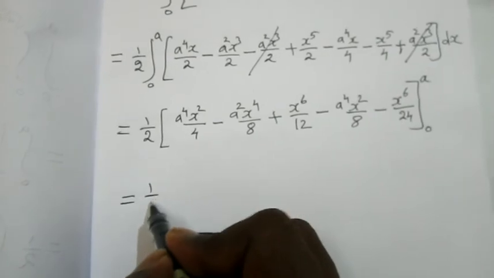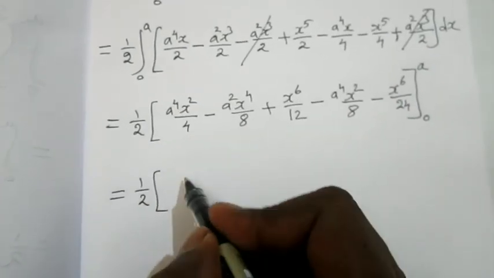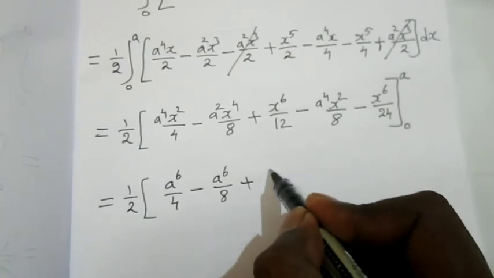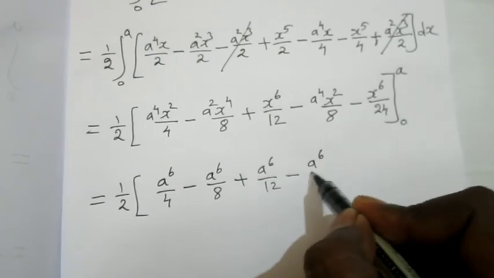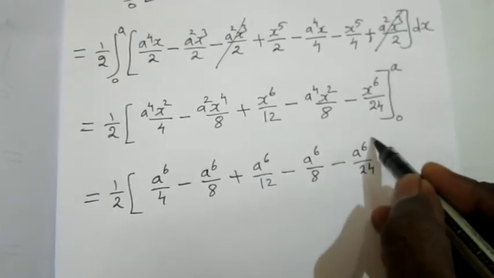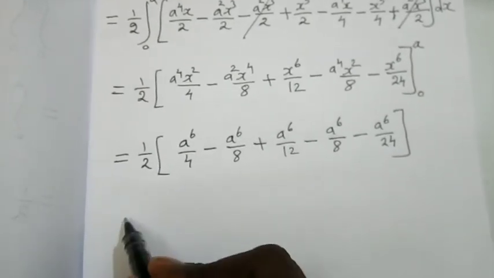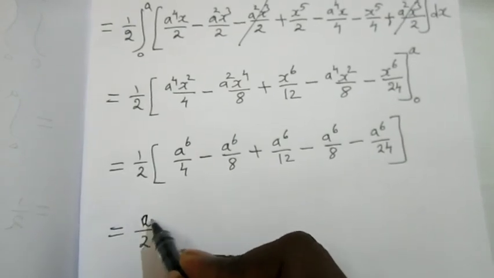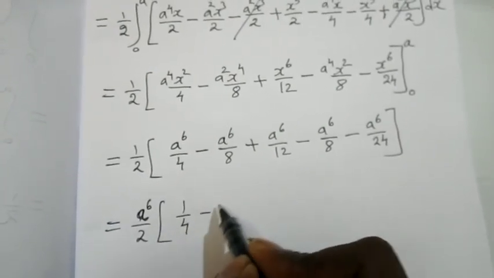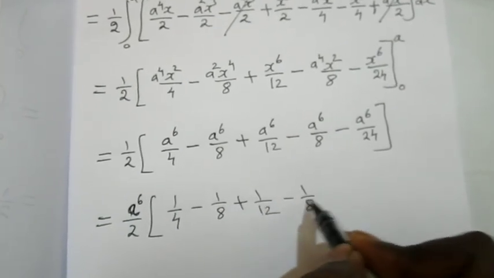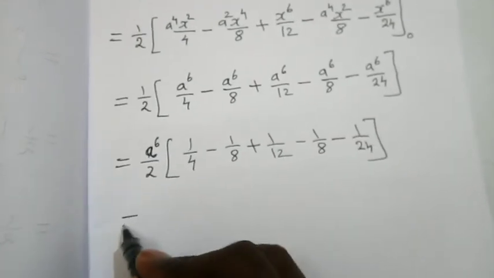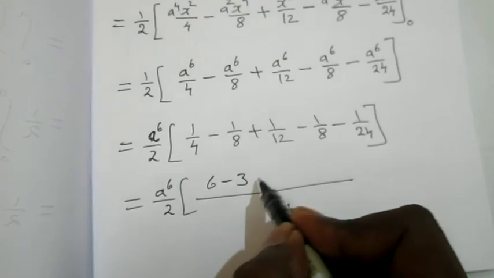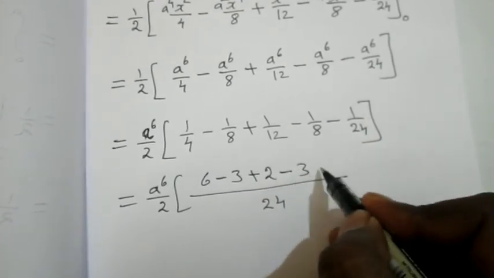Now I am going to substitute the limit: a⁶/4, minus a⁶/8, plus a⁶/12, minus a⁶/8, minus a⁶/24. Taking a⁶ outside, the remaining terms are 1/4 minus 1/8 plus 1/12 minus 1/8 minus 1/24. Simplifying, a⁶/2 times, taking LCM 24, (6 minus 3 plus 2 minus 3 minus 1)/24, which is 1/24.